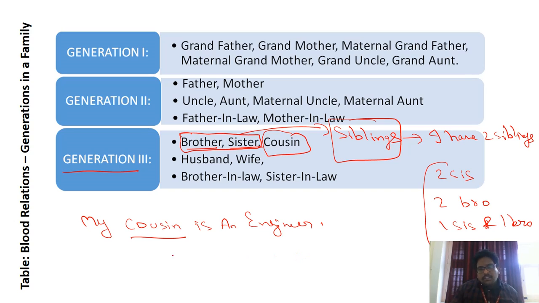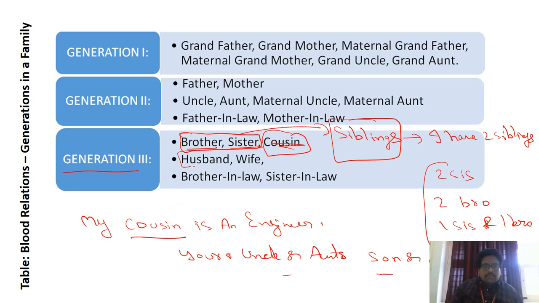Cousin is your uncle or aunt's son or daughter. It might be paternal or maternal, doesn't matter. So your parents' siblings' children. That means one of your parents will have a sibling. Uncle's son or daughter is also cousin. Aunt's son or daughter is also cousin. Clear? That is regarding cousin.